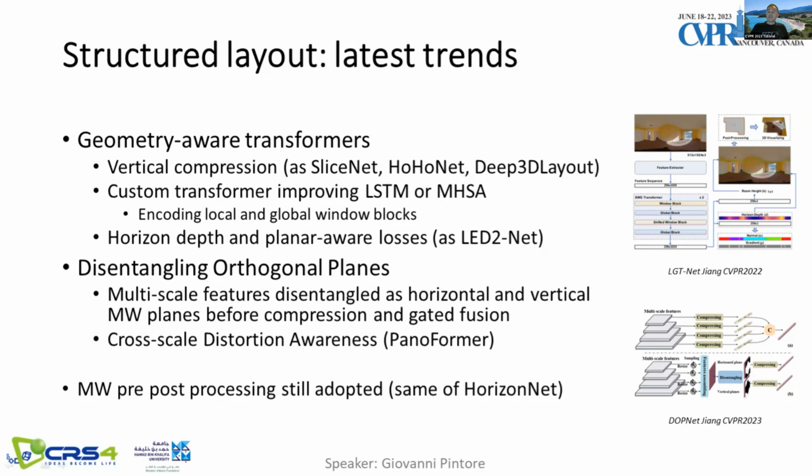It can be a cascade of local and global encoding via window blocks of different sizes. In addition, geometric losses on horizon, depth, and normals can be used, as in the example of LGT-Net.